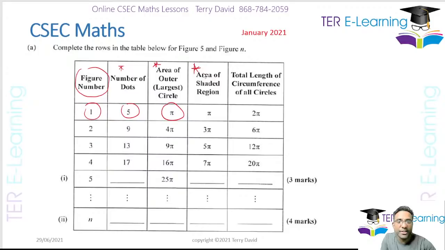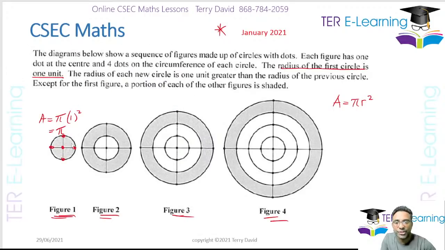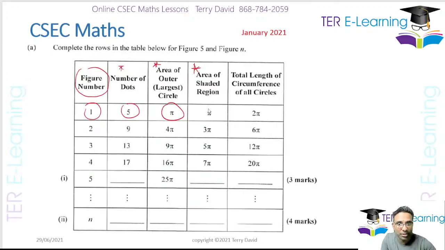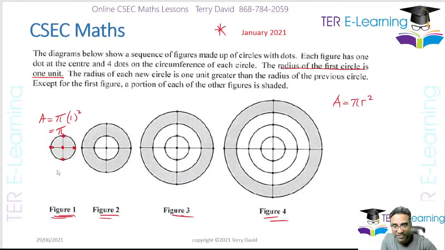Area of the shaded region. In the first figure, you shaded the whole circle, so that area has to be pi as well. And the last column, they said total length of the circumference of all the circles. In this first figure, you only have 1 circle.